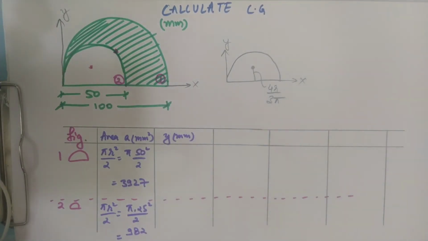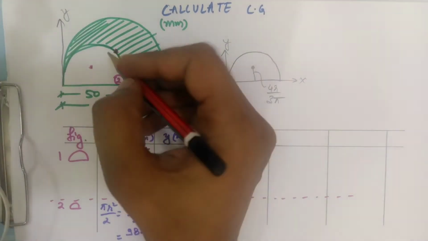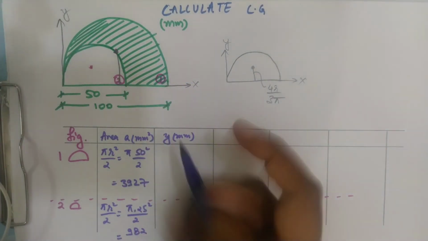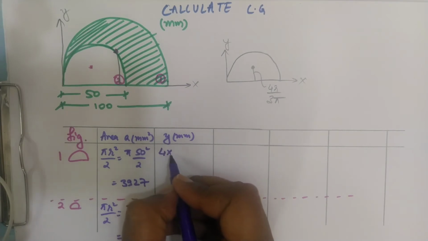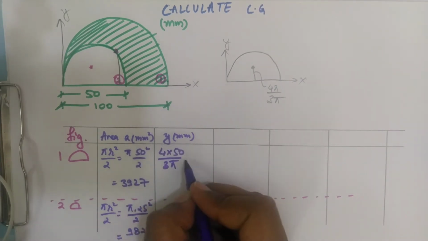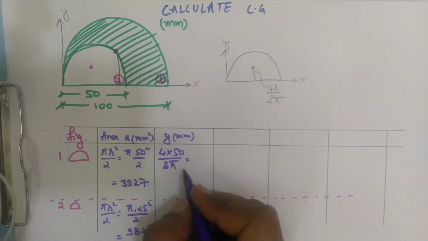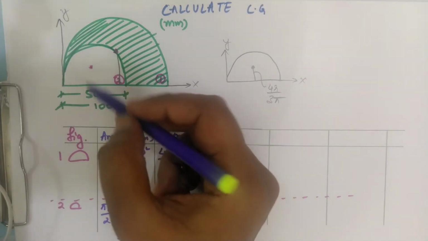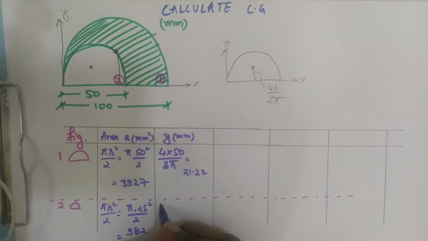So for the bigger semicircle, your y bar is 4 into r, which is 50, divided by 3 pi. Putting this in the calculator, I get a value around 21.22. For the smaller one, r is 25, so 4 into 25 by 3 pi, and I get a value around 10.61.